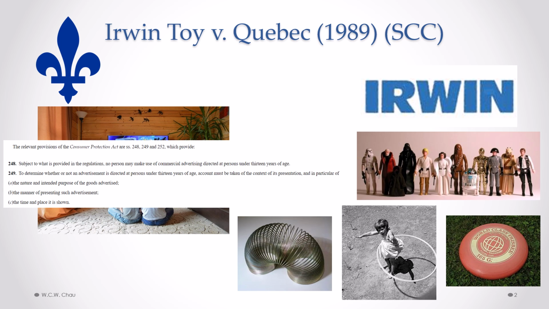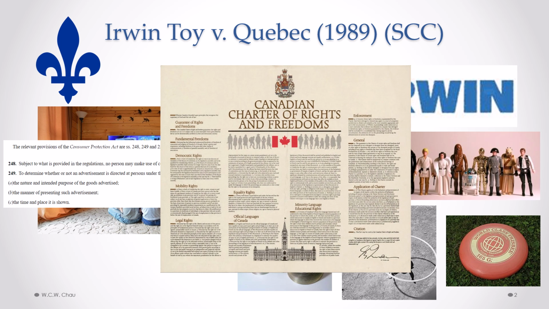They were also responsible in Canada for the Slinky, the hula hoop, and the frisbee. So what Irwin did was it challenged the legality of this new Quebec law in court. It put forward several arguments, and one of their major arguments was that this new law was contrary to the Canadian Charter of Rights and Freedoms.